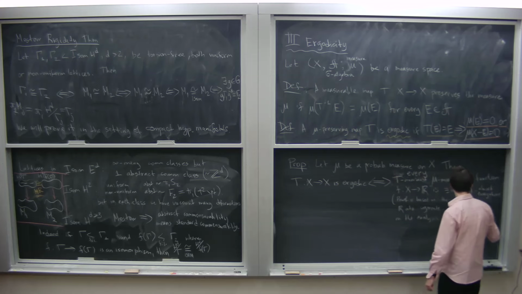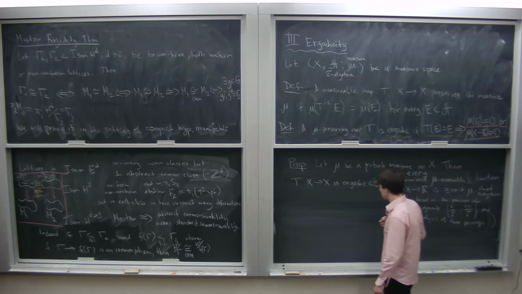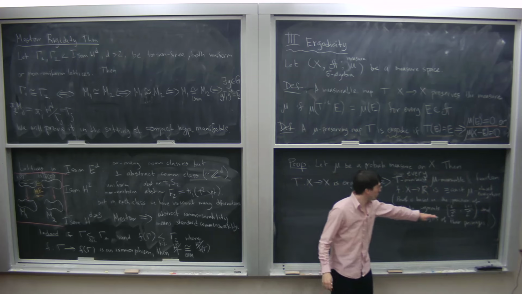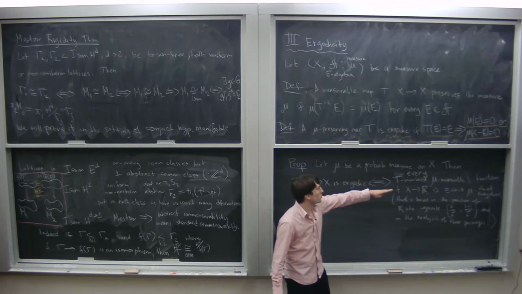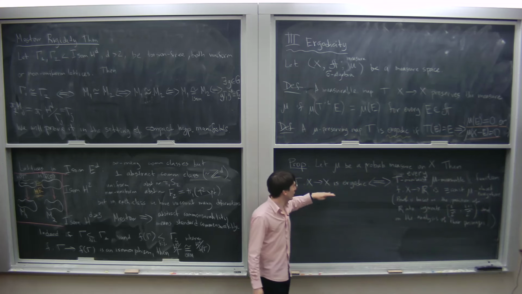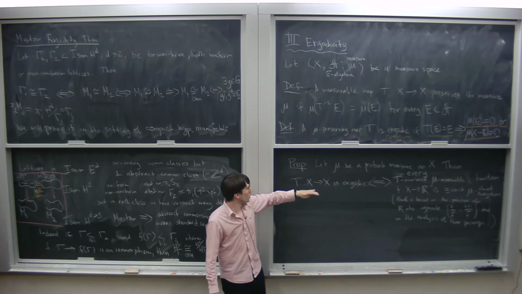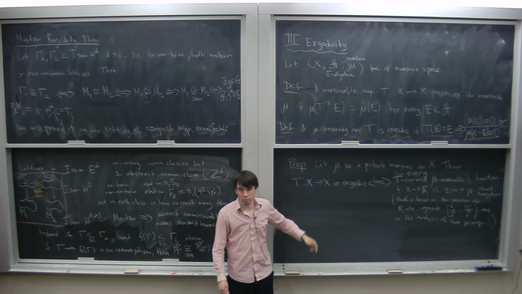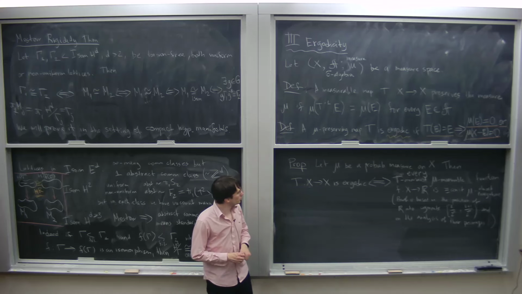So how do we prove it? We consider these intervals and their preimages. We use that f is measurable, then it's going to be good. Then we use ergodicity.